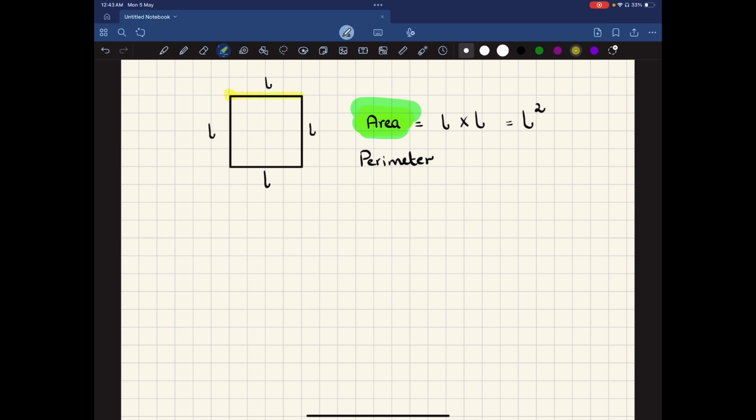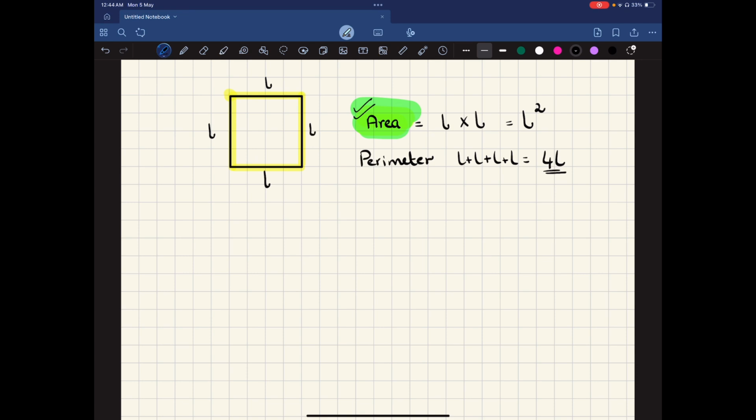So L plus L plus L plus L will be 4L. So this is the formula for calculating the perimeter of a square, but you do not need to memorize it. You can also figure it out by looking at the shape. But you need to memorize the formula for calculating the area of the square.